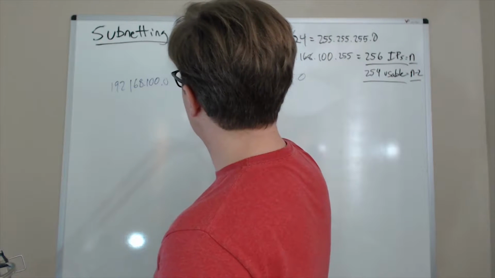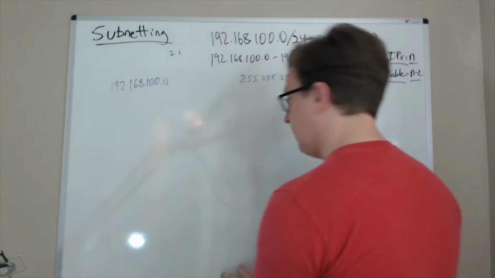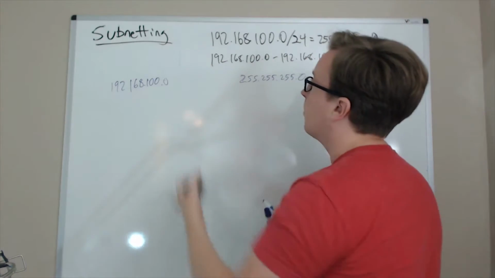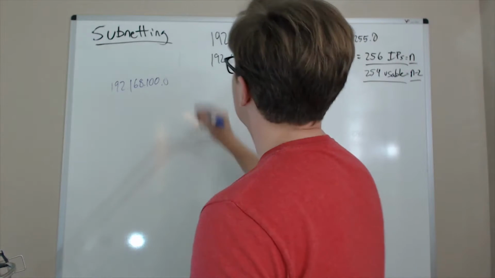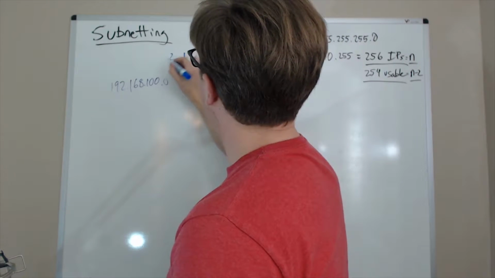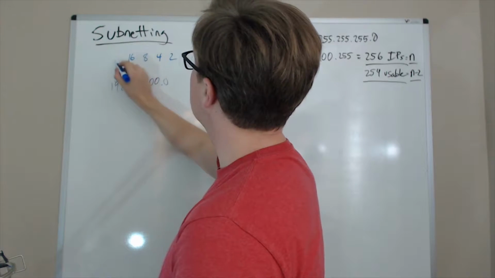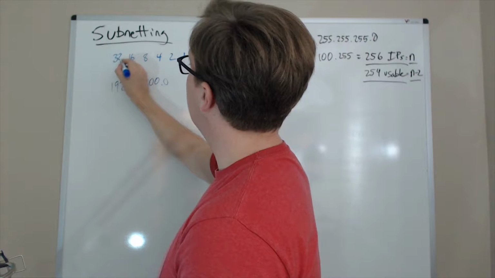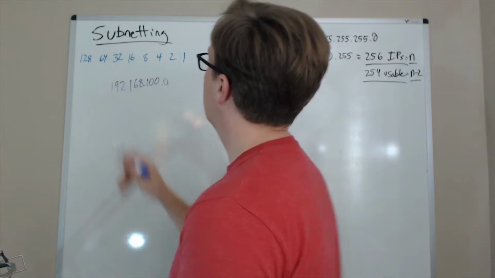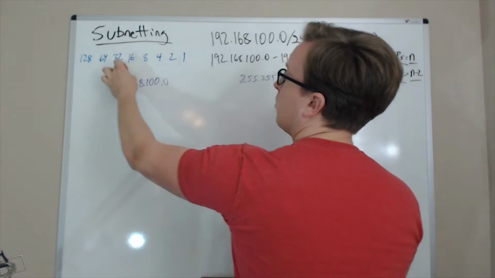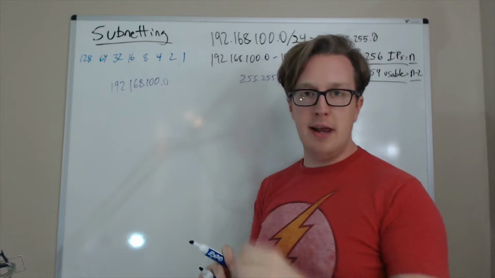So that would be 1, 2, 4, 8, 16, 32, 64, 128. So 1, 2, 3, 4, 5, 6, 7, 8. Those are our 8 binary digits.